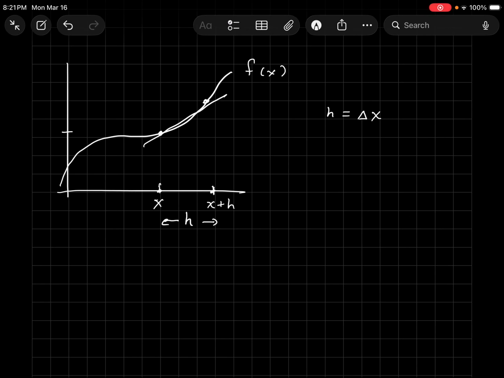Let's get some y values over here. At this x value, that y is f of x. At this point over here, which corresponds with x plus h, the y value is f of x plus h.